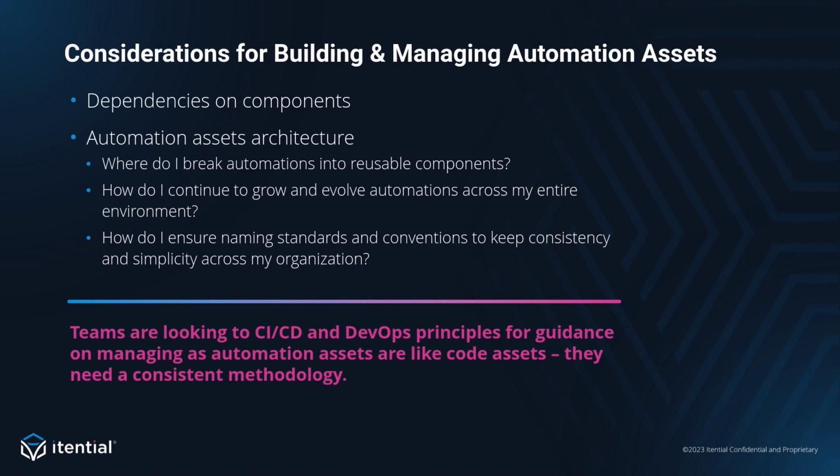In working with networking teams globally, we've started to assist them in developing best practices for building and managing large libraries of automation assets. And inevitably, what we start to see is when you start to build components, you have choices.